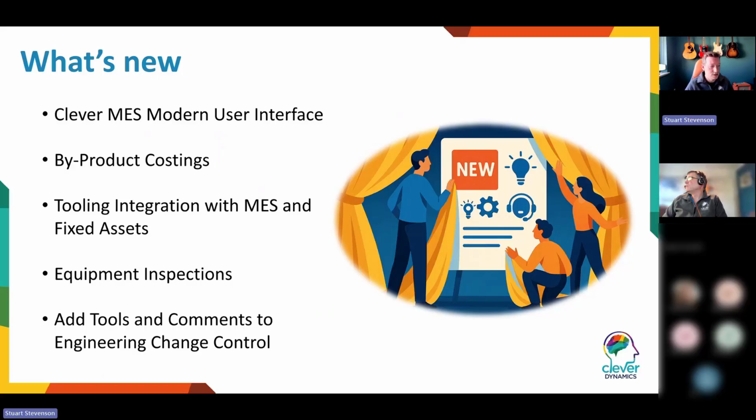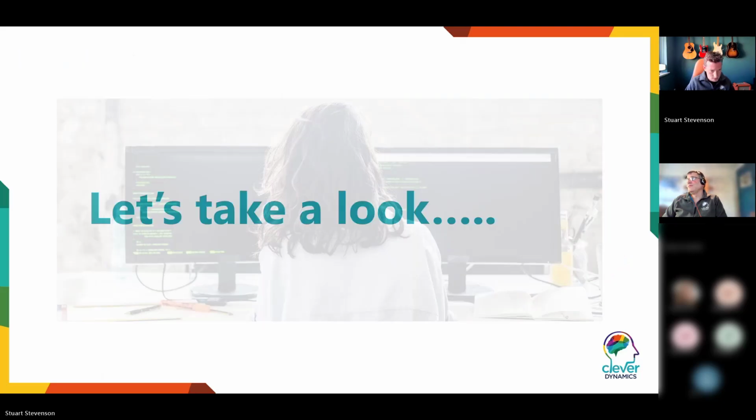And then engineering change controls had a few improvements to integrate tooling again, but also to have richer comments to track the narrative of the change control. So these are all things that customers and partners have asked for from us. Essentially, we've invested and we've delivered those changes.